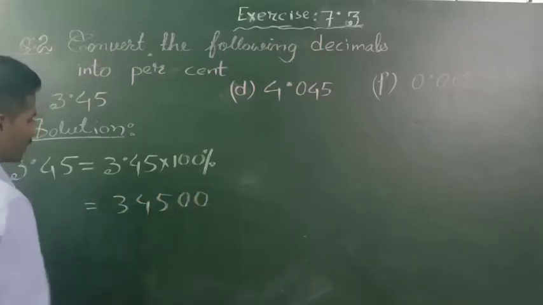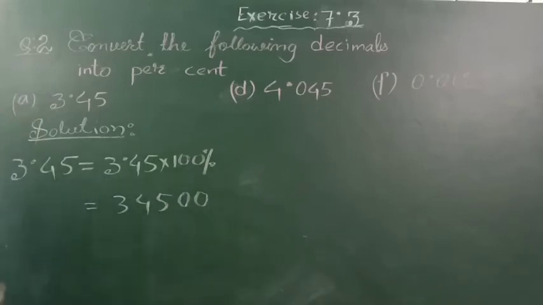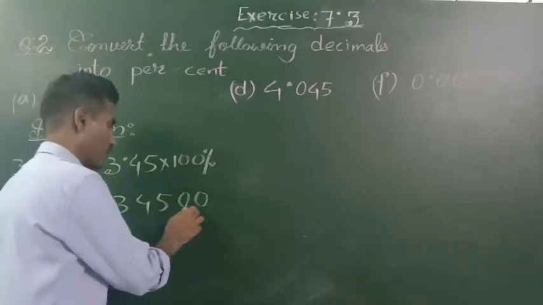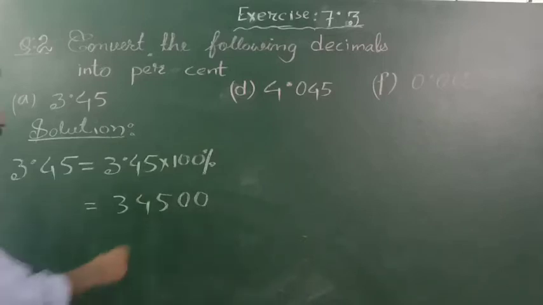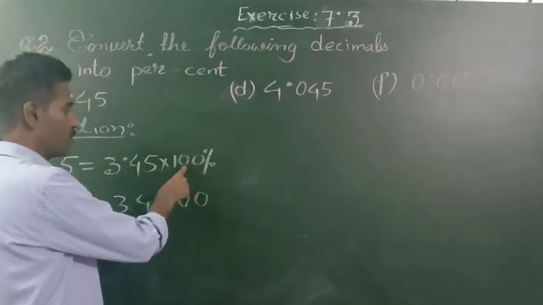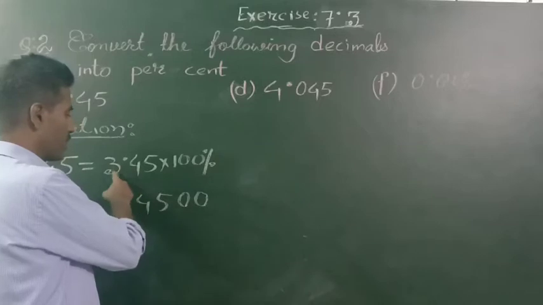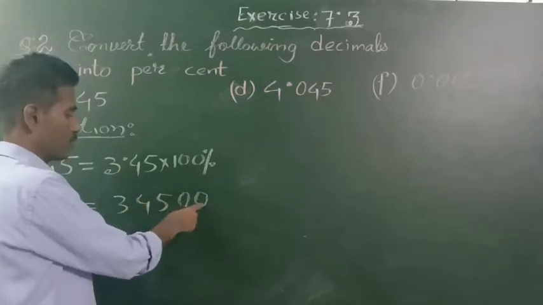Whenever we multiply any number by 100, we have to put 2 zeros after the number, since there are 2 zeros in 100. Here how many zeros? 1, 2, 2 zeros. So we'll write 3, 4, 5, and we'll put these 2 zeros.